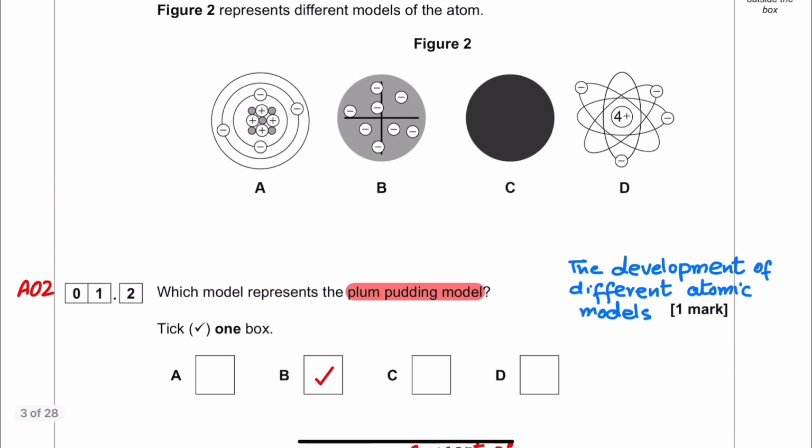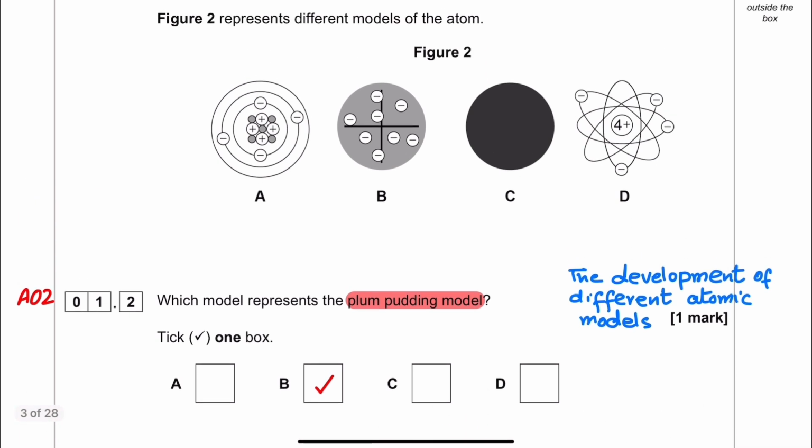Let's see figure number 2. B is the plum pudding model. C is a sphere or atom with no information. If you look at D, there are 4 electrons and 4 protons present. There is no information on a neutral particle. But if you look at model A, there are 4 positive charge particles, or protons, in the center.